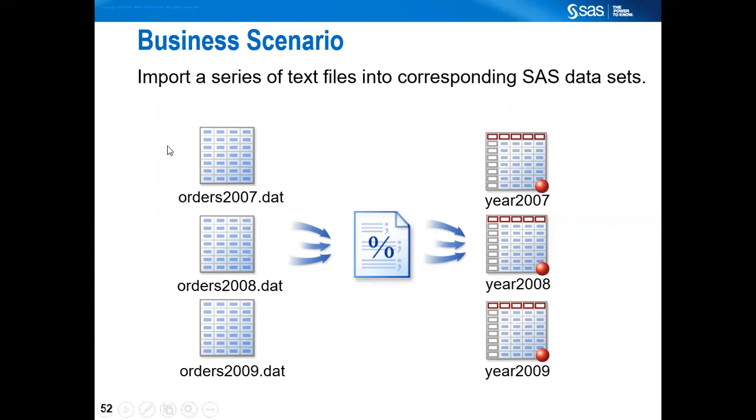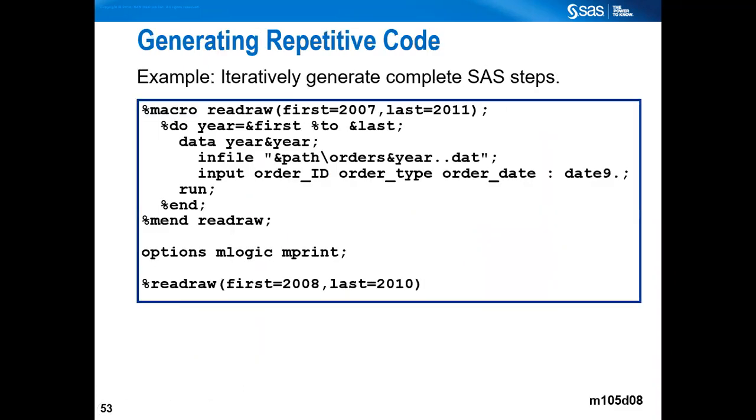So the same thing, they're telling us to do at a go in one step: these three raw .dat files, which have the information for orders placed in the years 2007, 2008, 2009. You write a program in such a way that in one program it will read these files and create SAS data sets with the names year2007, year2008, year2009. Same raw files with a macro program. In one step, you're creating SAS data sets. Okay, so this is the scenario.